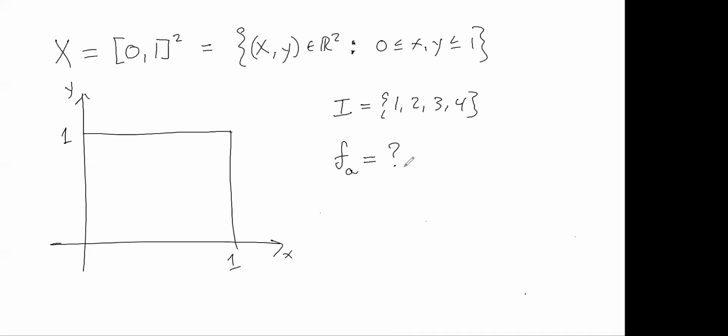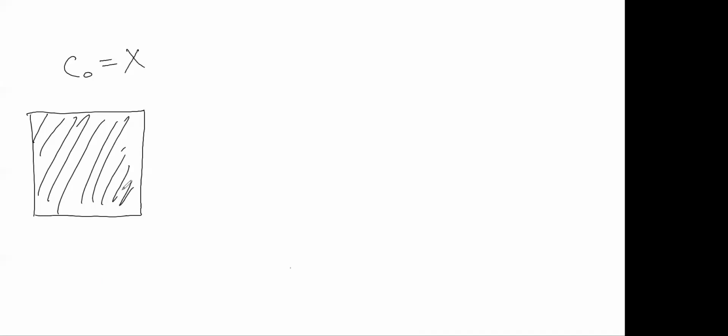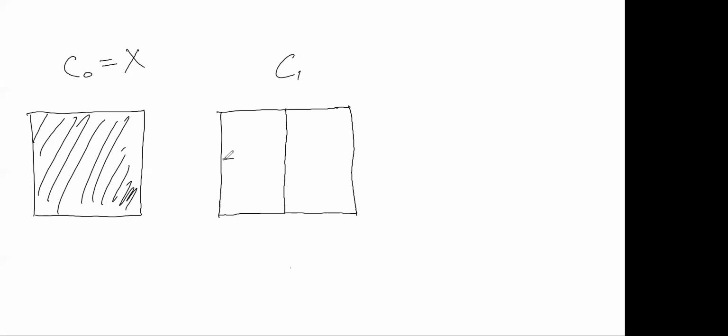So let's start with C0 will be the whole square, just x. We always start with the whole set x. And then to draw C1, I'm going to split this into 16 squares, all of the same size.